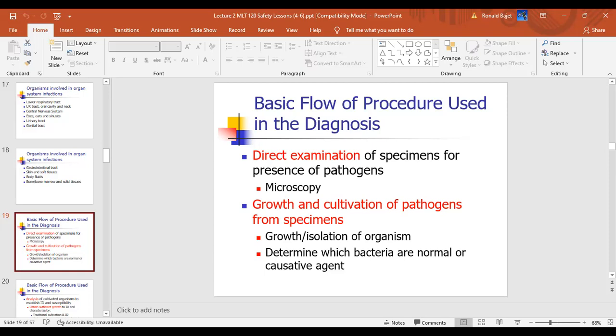Then you've got growth and cultivation of the pathogens. Once you do your initial gram stain, you want to see what's in the culture that's being submitted. Gram-positive cocci in pairs and chains, gram-positive cocci in clusters. That's a big deal on how you report those. Gram-negative rods, curved gram-negative rods resembling seagulls.